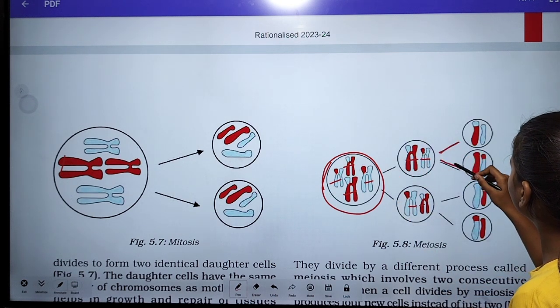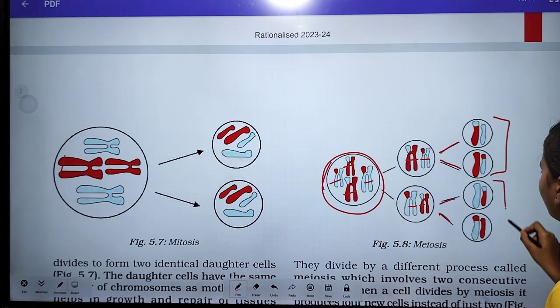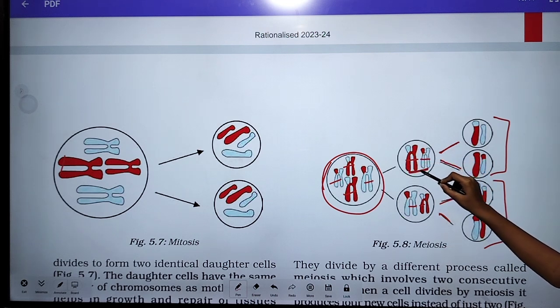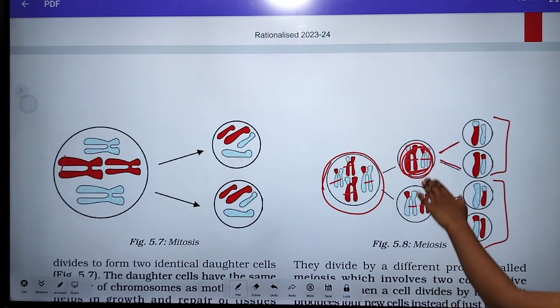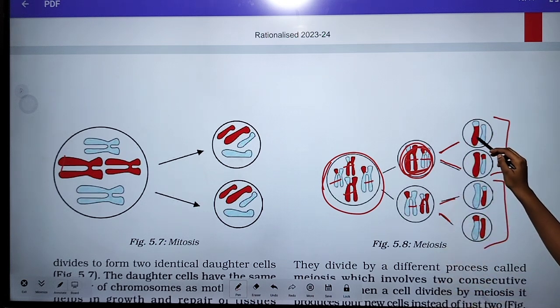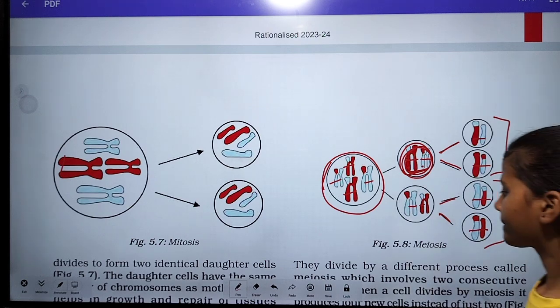This cell is divided to form 2 new cells, and this cell is divided to form 2 other new cells. The chromosome number here is 2, but in the new cells it is half of it, so 1 and 2, 1 and 2.